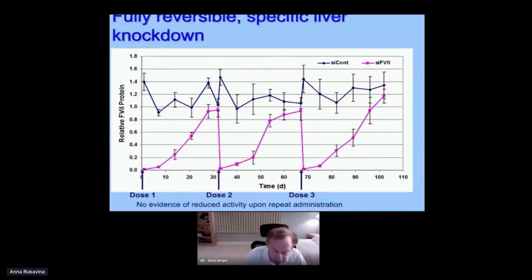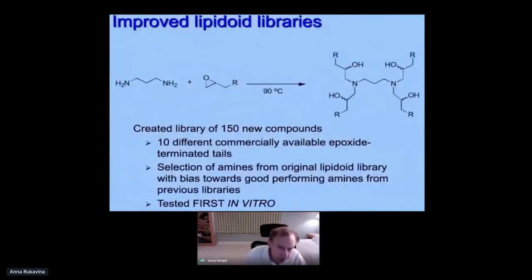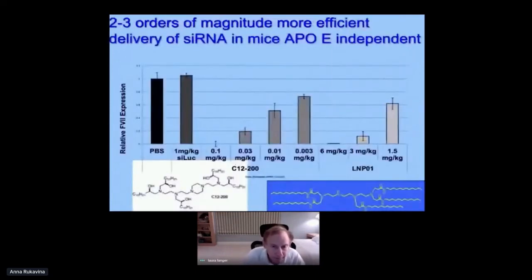And as I mentioned, we also wanted to make these more potent. What we did on that is shown in the next slide: we could take epoxide chemistry and select amines from the original library and now make an even better library. Some of what we found is shown on the next slide, which was very exciting.